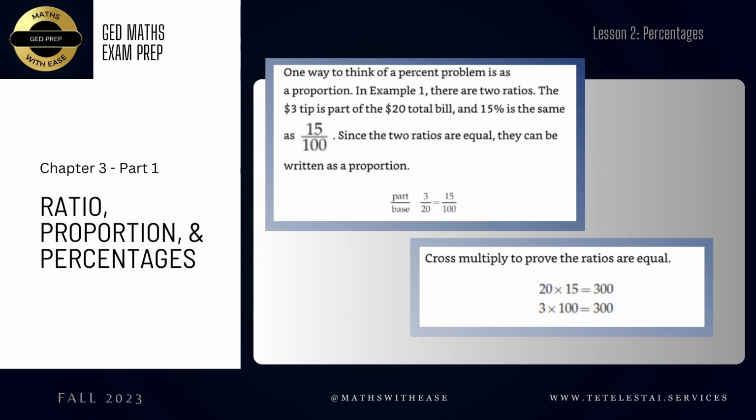So we know that the ratios are equal. And so this is an example of what I was trying to show you earlier, that cross multiplication, you're essentially equating two quantities that are the same. And in this scenario, it's clear because this 15% should match the number that you're taking out of that $20.